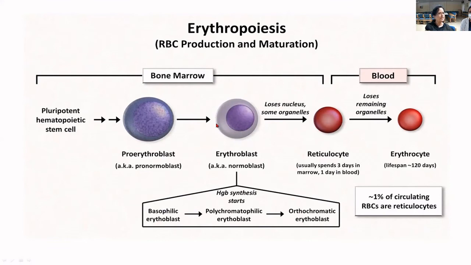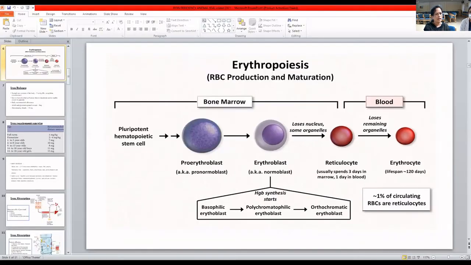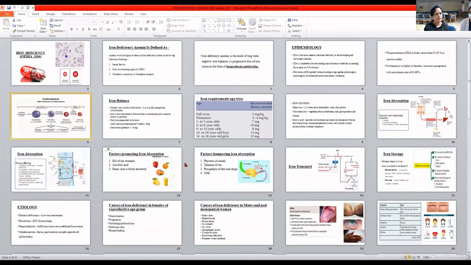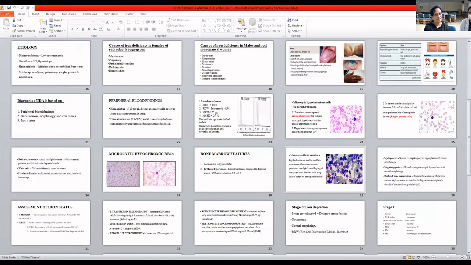Still, the hemoglobinization is incomplete because iron is not there, so it has not achieved that critical hemoglobin concentration. So there is no stimulus for the erythroblast to stop dividing. It goes on dividing, and so ultimately we see that they are all RBCs which have become very small in size.